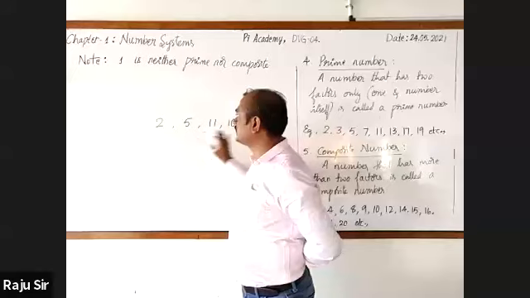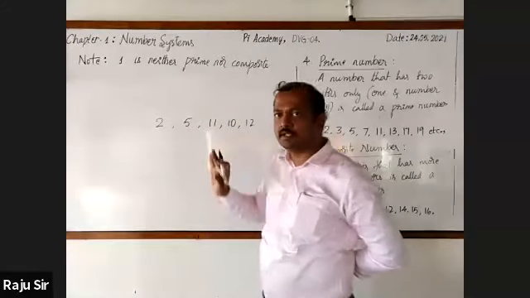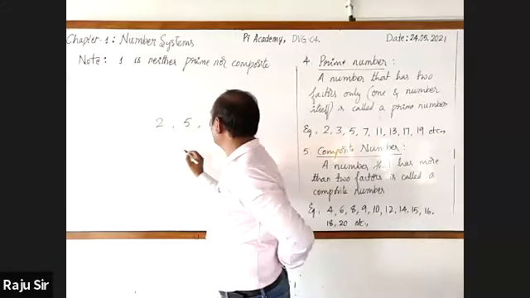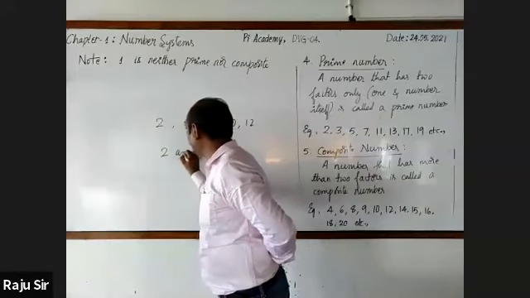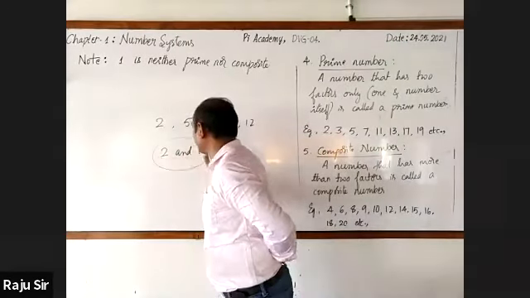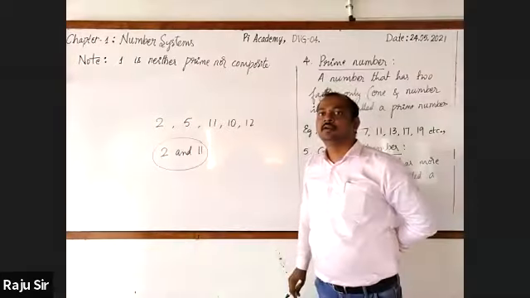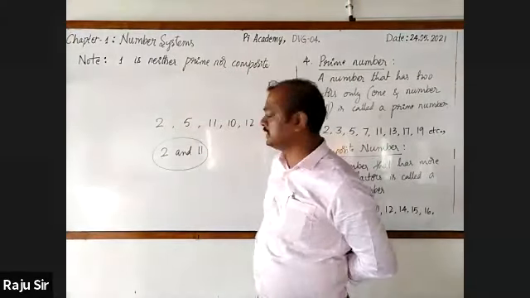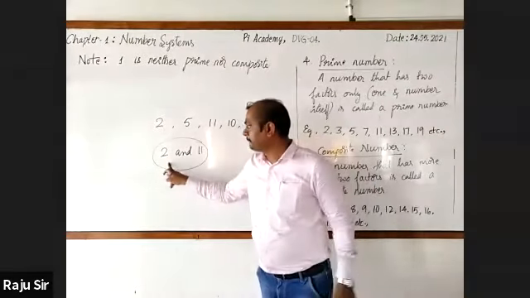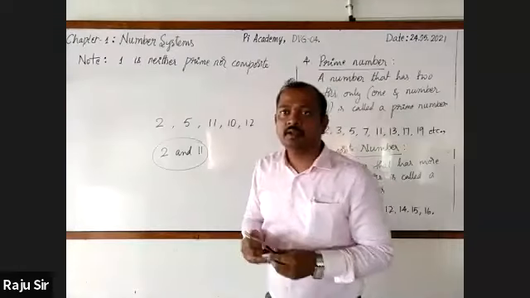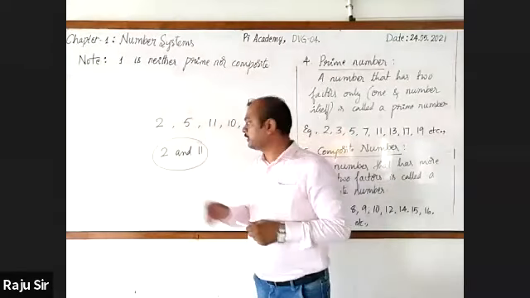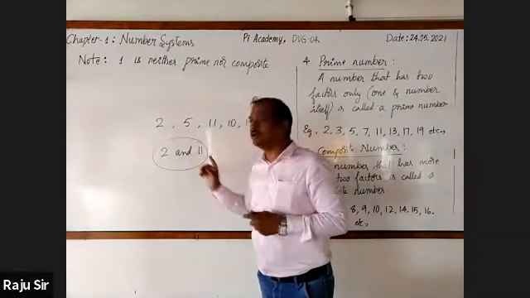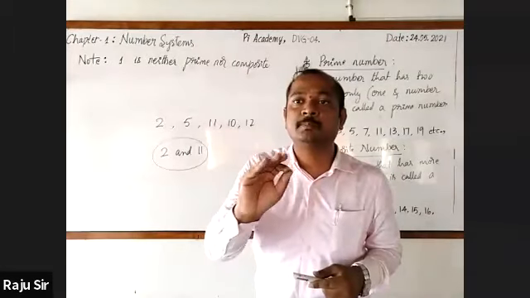Dear students, just observe. Now I am going to take two numbers, 2 as well as 11. Could you tell what is the highest number by which both 2 and 11 can be divided completely?